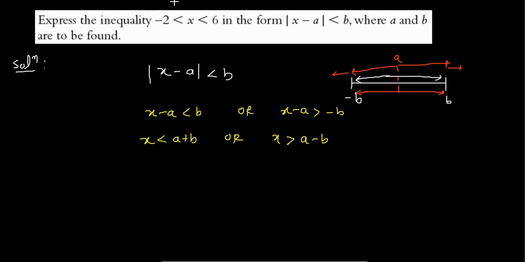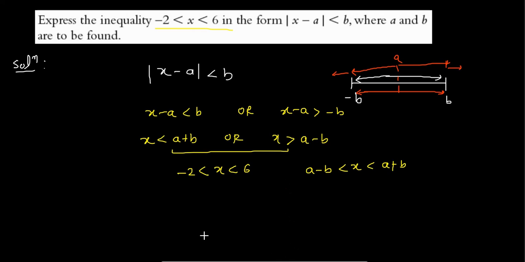Now the given inequality is that x is less than 6 and greater than minus 2. If I have to combine these two inequalities, I can write that x is less than a plus b and greater than a minus b. So I can compare these two equations.